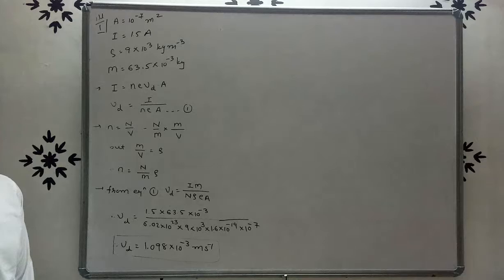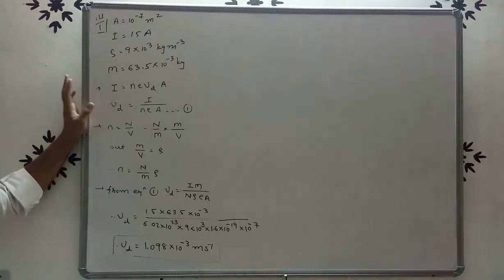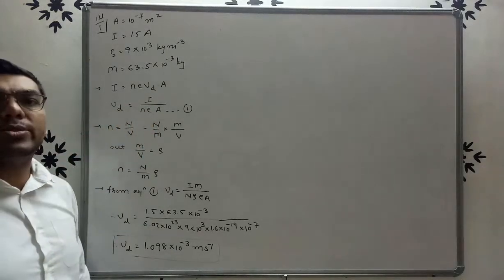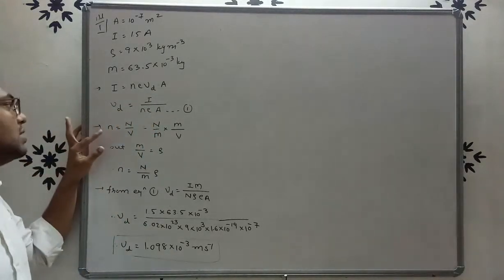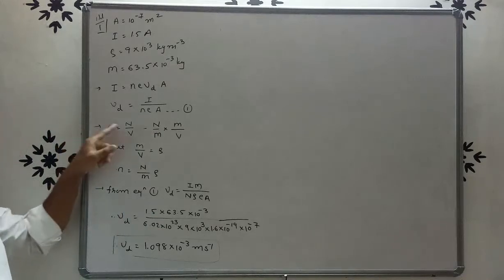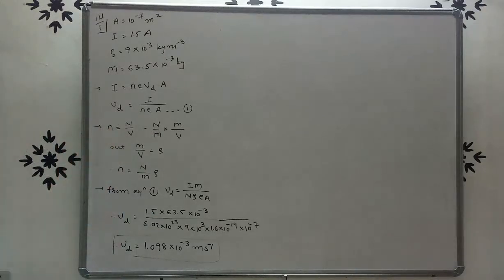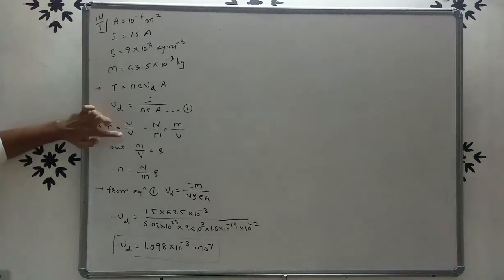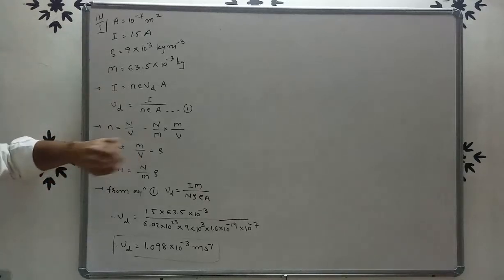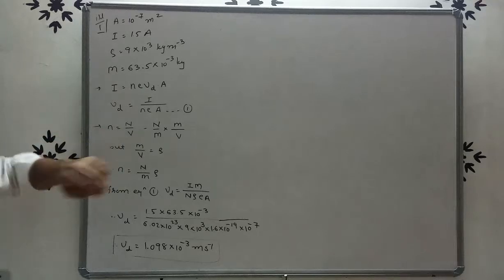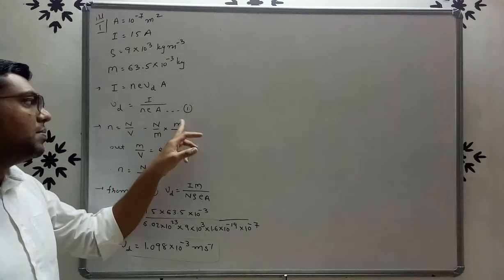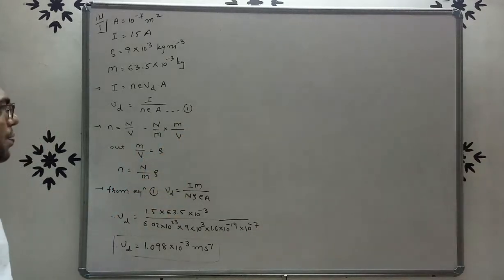So this is the drift velocity. What we did: we used the simple equation I is equal to nevdA and formulated vd as I by neA. Here we don't know the value of small n, that is the number density, but we know the formula small n is equal to capital N upon V. Density is given, so we multiply and divide by m; m by V is rho.